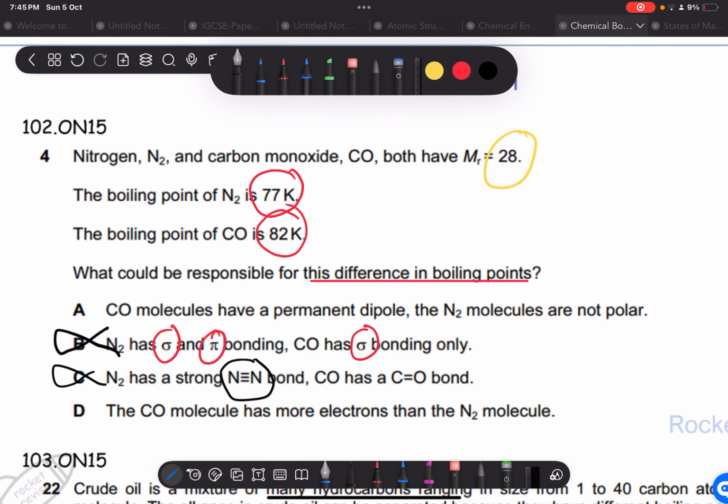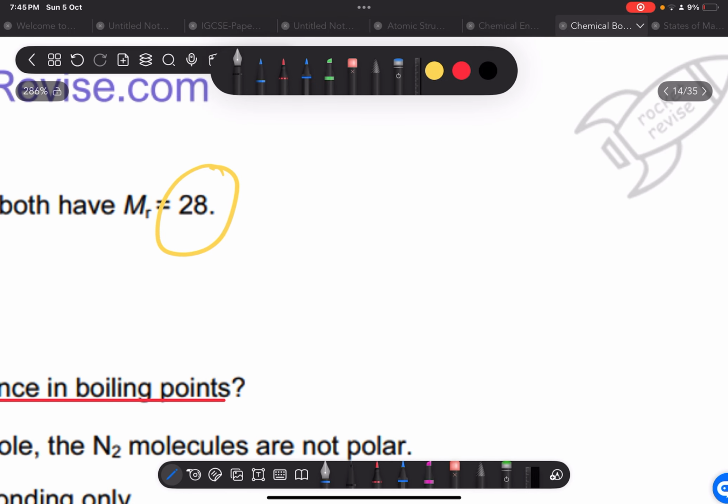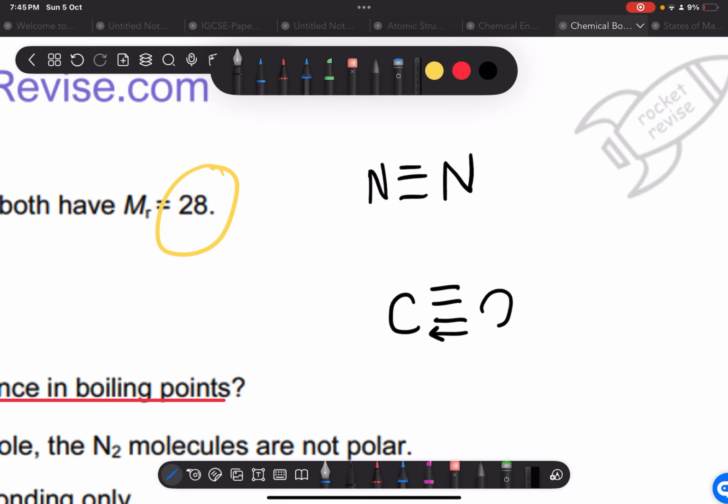No, the covalent bond, like this is your N2 and this is your carbon monoxide. I guess it's going to be something like this.